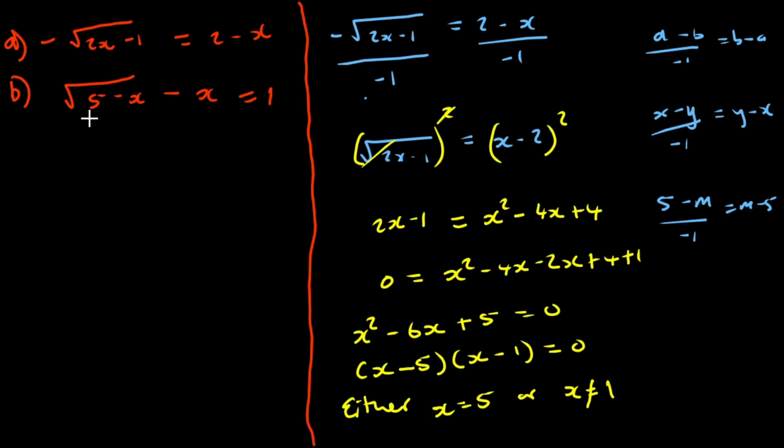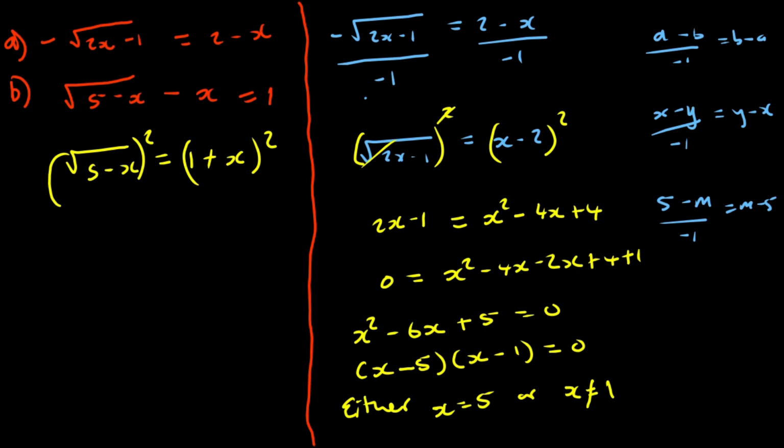All right, let's look at the last one, which is this part. First thing, what did we say? We said that we need to isolate. Isolate by taking this to the other side. That's square root of 5 minus x is equal to 1 plus x. This x has to go to the other side and then square both sides, because now it's isolated.